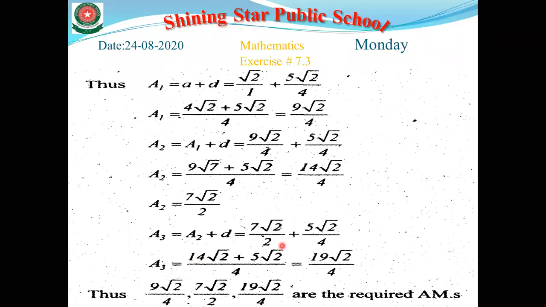But here is 2 and here is 4, so we have to multiply 7 by 2. So 14 square root 2 plus 5 square root 2 means 19 square root 2 divided by 4. Thus, the 3 AMs between the given numbers are 9 square root 2 divided by 4, 7 square root 2 divided by 2, and 19 square root 2 divided by 4.